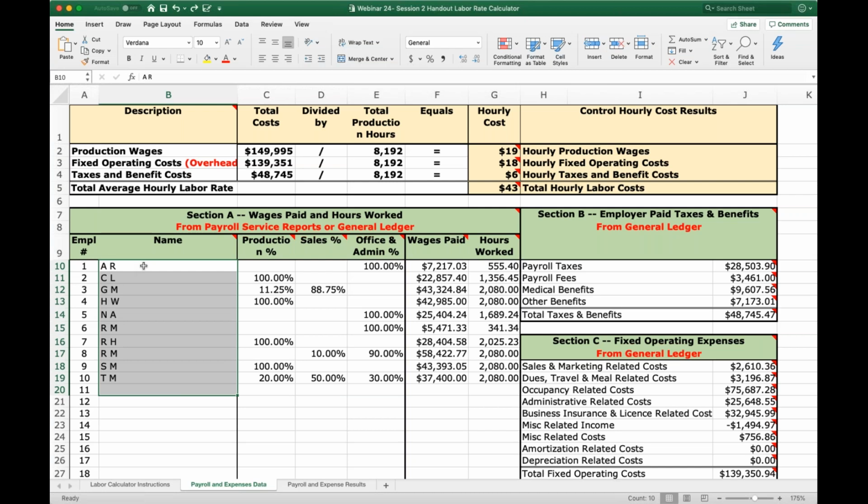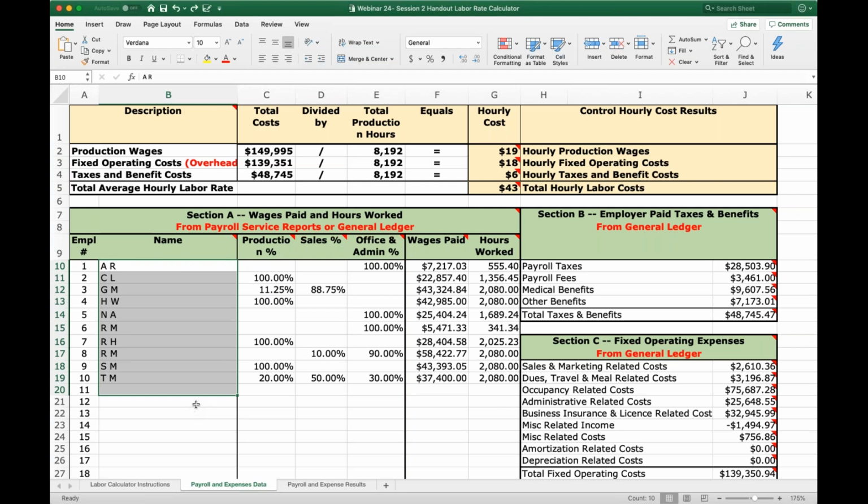Those are the people that are listed here. And it may, in fact, include owners. In this particular case, there's a husband and wife team, and they're both involved. One of them is involved in a little bit of production guidance, and the other one is involved in sales and administration. So they're split.